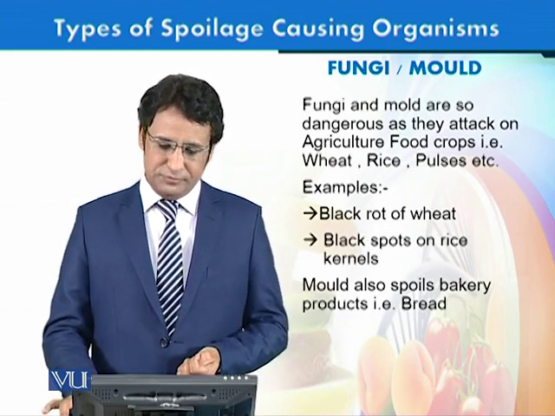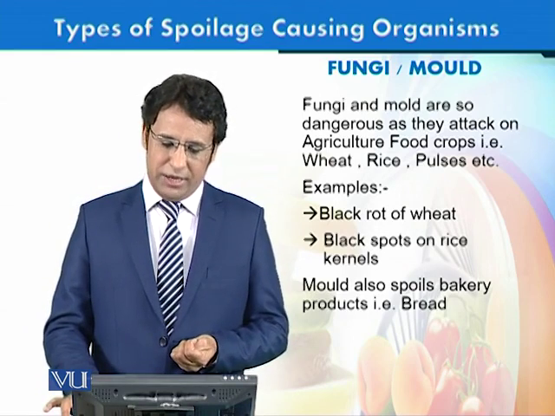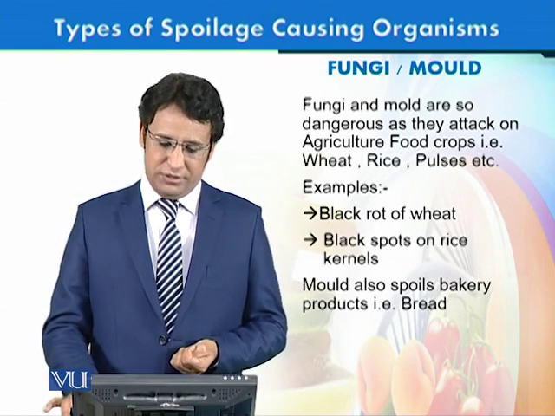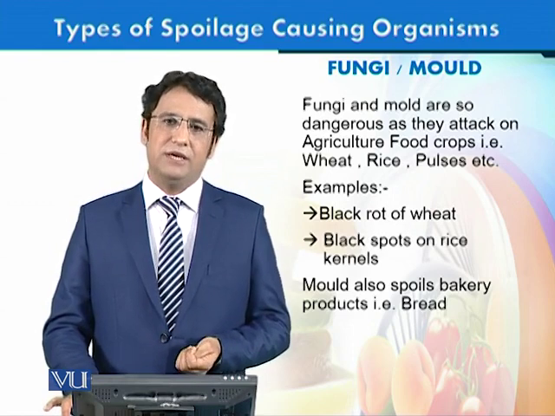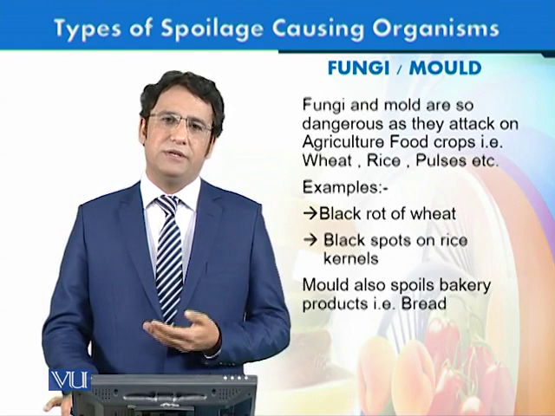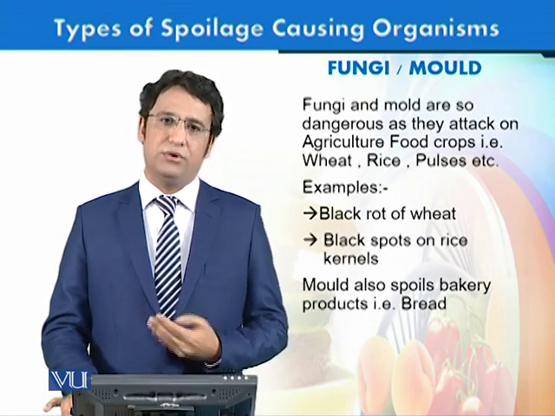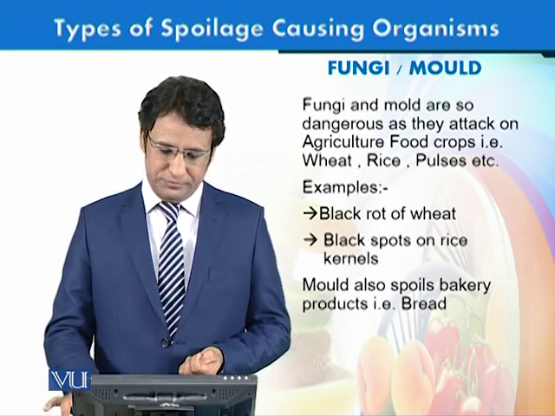Some of the very common diseases like black rot of wheat or black spots in rice kernels are examples where you can see the spoilage of food in the field or during storage operations.